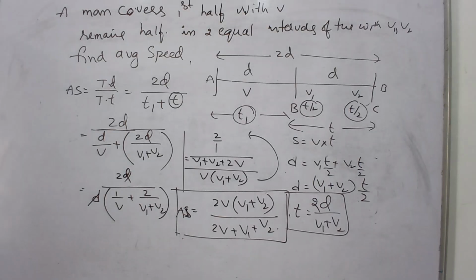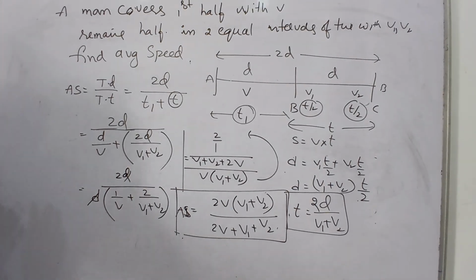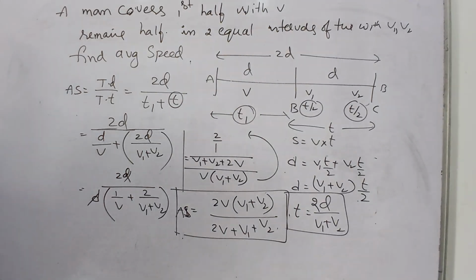Two velocities are different, but the time interval is the same. At that time you need to use this formula, right beta? 2v into v1 plus v2 by 2v plus v1 plus v2. Please note down.